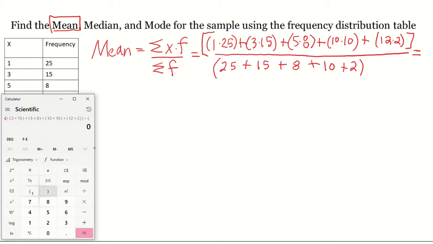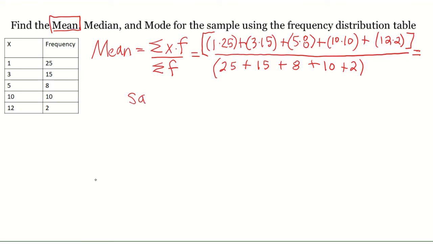So I'm going to do my brackets, 25 plus 15 plus 8 plus 10 plus 2, double check that I have all of my numbers written down correctly, close my parentheses, equals 3.9. And this is a sample, so that means my sample mean is going to equal 3.9.